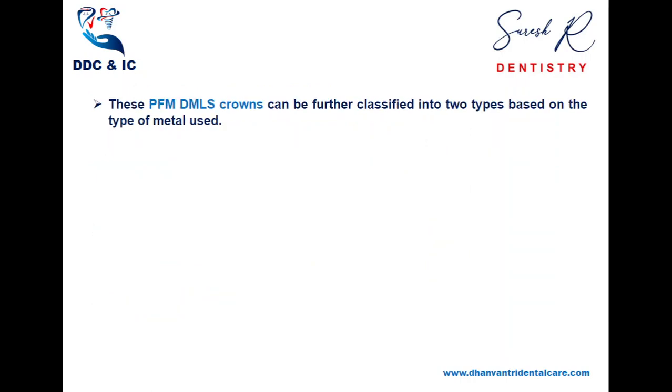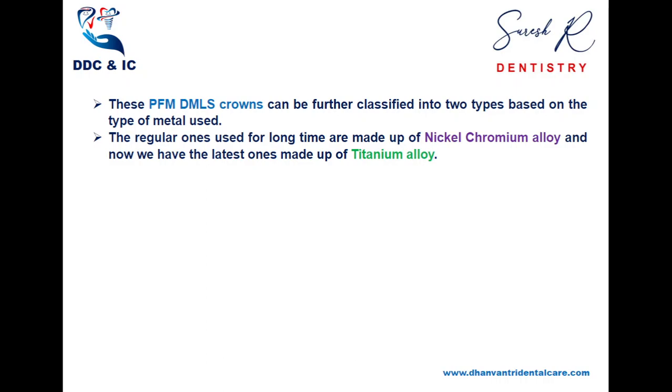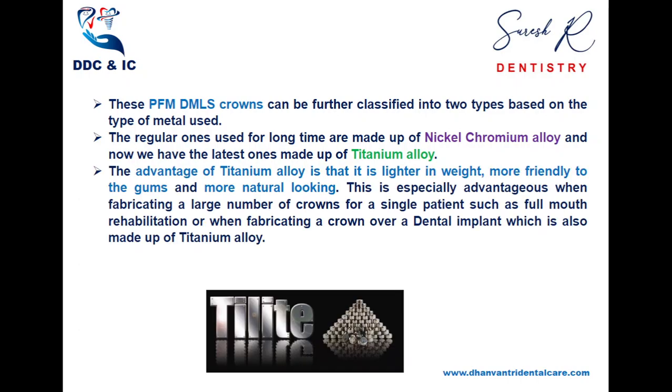These PFM DMLS crowns can be further classified into two types based upon the type of metal used for the innermost metal layer. The regular PFM DMLS crowns, which have been used for a long time, are made up of nickel chromium alloy, and now we have the latest ones which are made up of titanium alloys. The advantage of titanium alloy is that it is lighter in weight, more friendly to the gums and more natural looking.